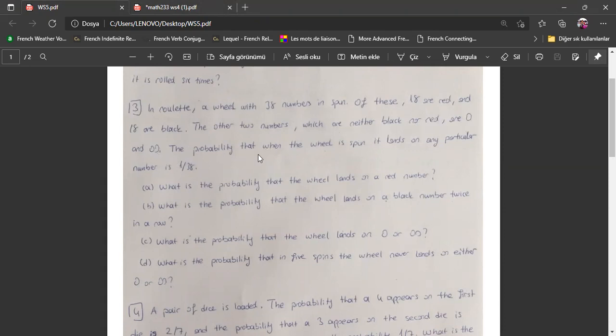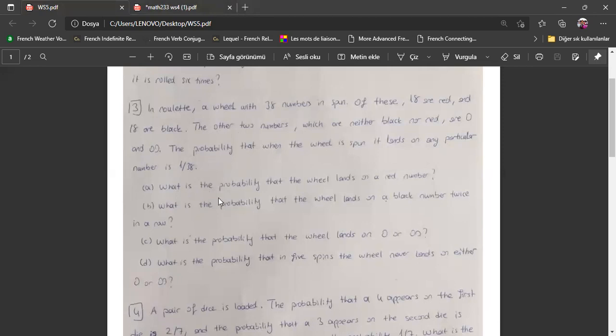We assume that when the wheel is spun, the probability of it landing on any particular number is 1/38. They are equally likely; the probability of each of them appearing is the same.